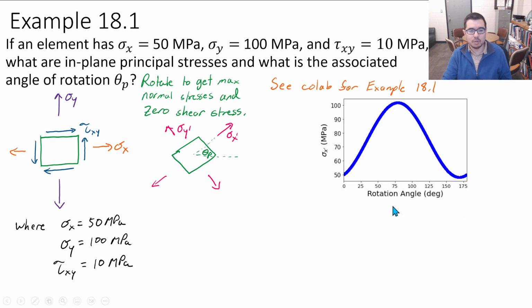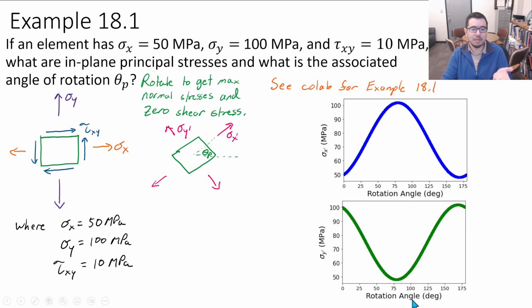Because I don't want you to plot every single one of these little points by hand, right? We can put in an array of angles, and it spits out the corresponding sigma x primes. We can put in an array of angles and spit out a corresponding set of sigma y primes. And of course, when the angle is equal to 0 degrees, that's the same thing as what sigma x was originally, and what sigma y was originally.